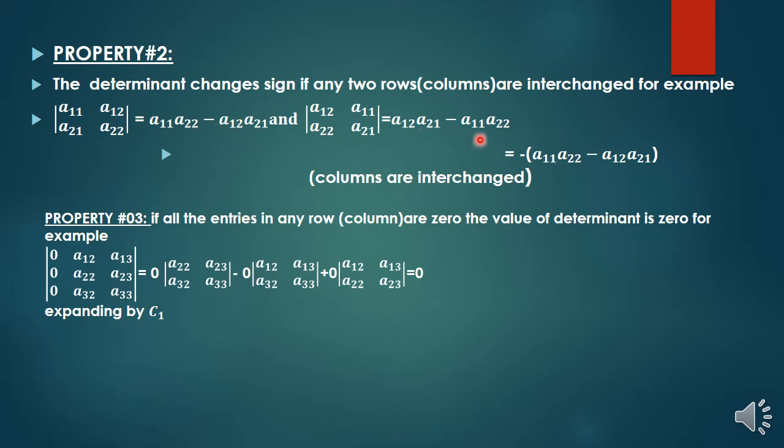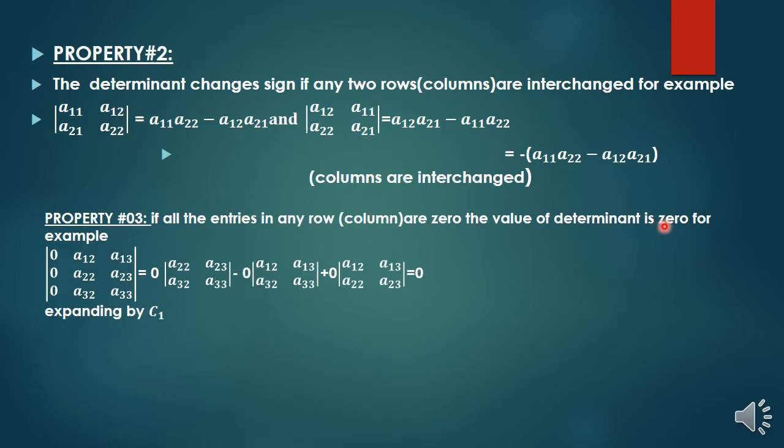So now the entries of the determinant are the same, but here we have a common minus. So simply you can say that if you change any row or column in the matrix, then you introduce a minus sign.